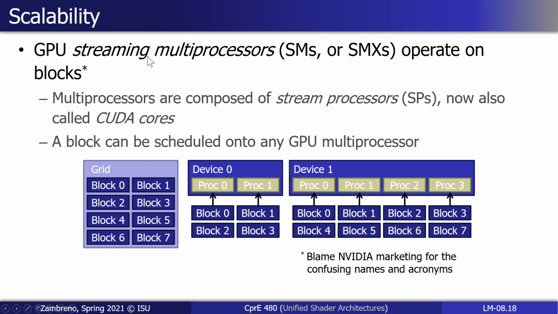I think the marketing and the terminology is a little unnecessarily complicated. This top level organization, those are our SMs, streaming multiprocessors. Inside each of these SMs is a varying number of stream processors. To me, that's awful. Streaming multiprocessors full of stream processors. I mean, what is a processor anymore?